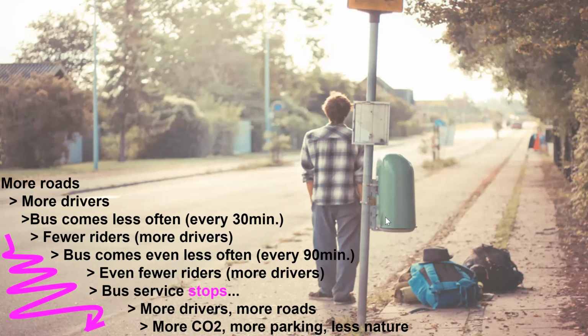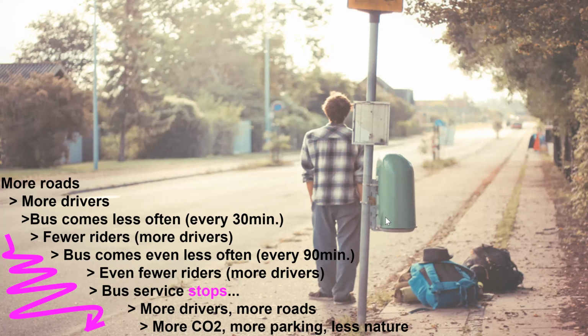Okay, so the problem is they make more roads and then there's more drivers. This causes buses to come less often, for example, every 30 minutes. And there's fewer riders because it's inconvenient. And then the bus comes even less often, maybe every 90 minutes. And then there are even fewer riders, more drivers. The bus service stops.